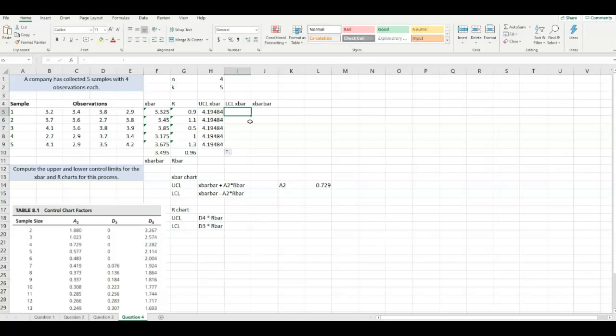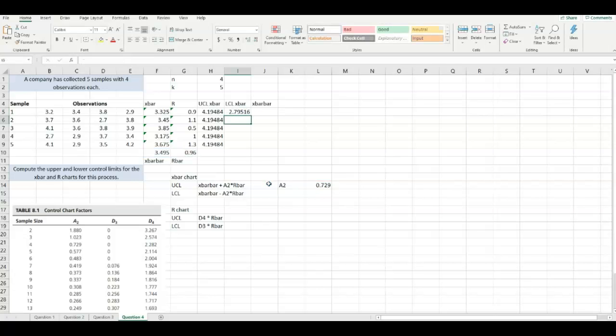Now we do this for the lower control limit. So X bar bar, we freeze it, minus A2 frozen times R bar frozen.